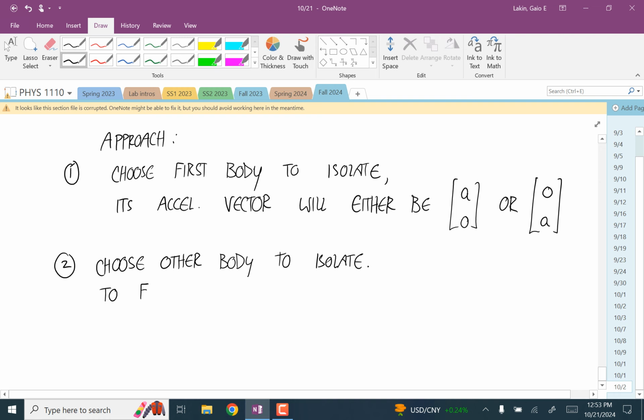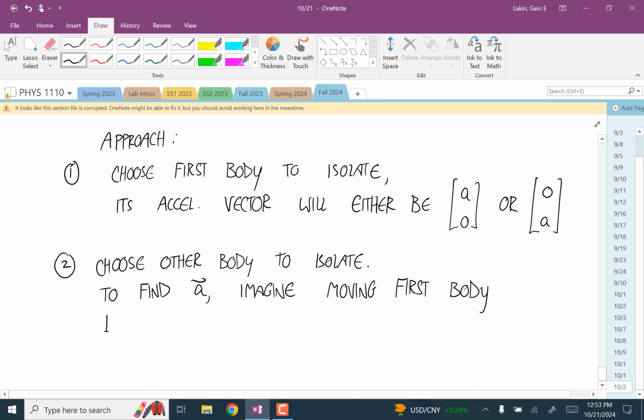So to find the acceleration for this one, imagine moving the first body, say 1 inch.